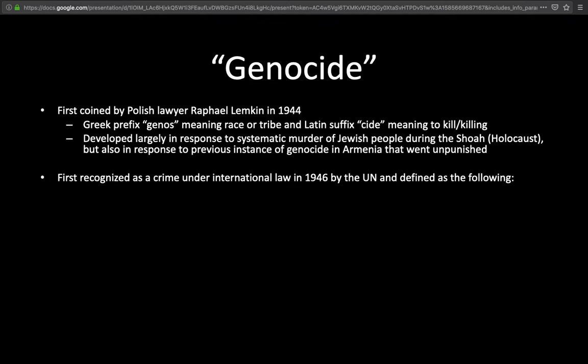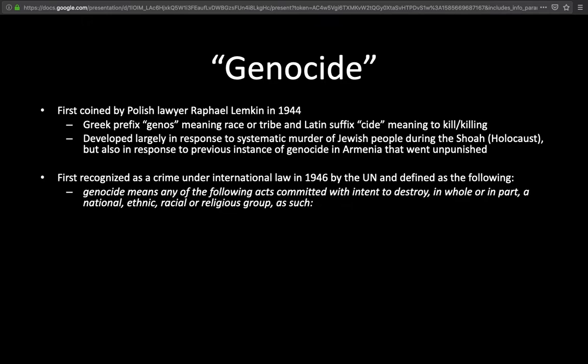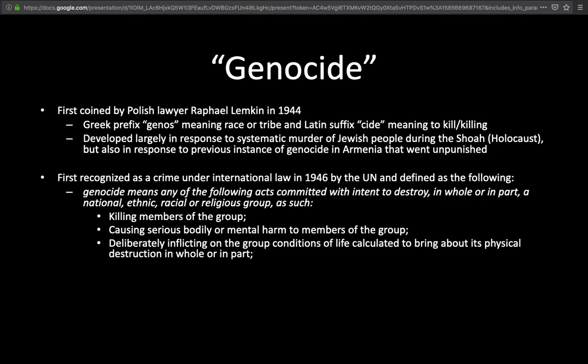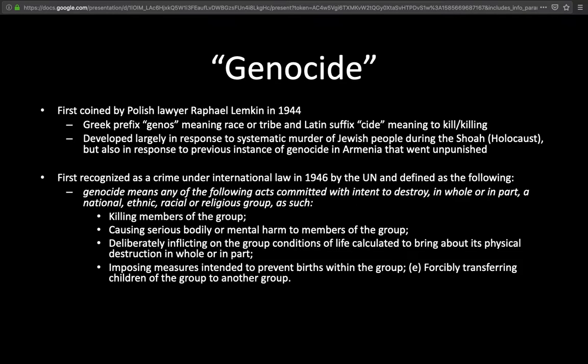Genocide was first recognized as an actual crime under international law in 1946 by the UN, the United Nations, and genocide means any of the following acts committed with intent to destroy, in whole or in part, a national, ethnic, racial, or religious group, such as killing members of the group, causing serious bodily harm or mental harm to members of the group, deliberately inflicting on the group conditions of life calculated to bring about its physical destruction in whole or in part, and imposing measures intended to prevent future generations.